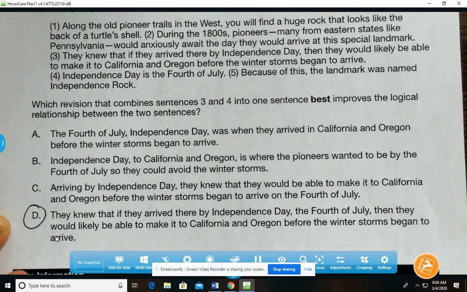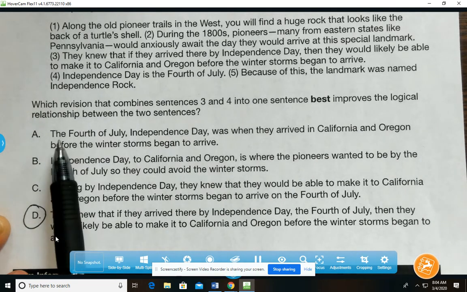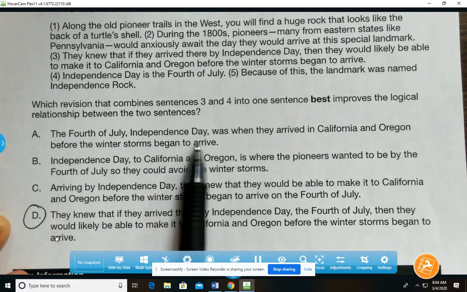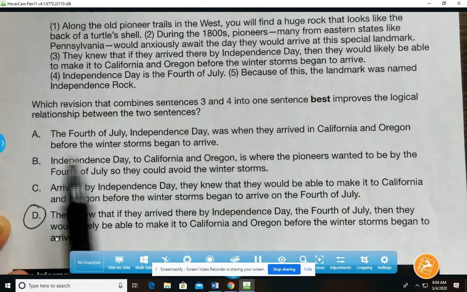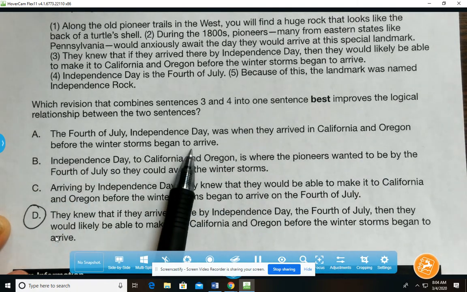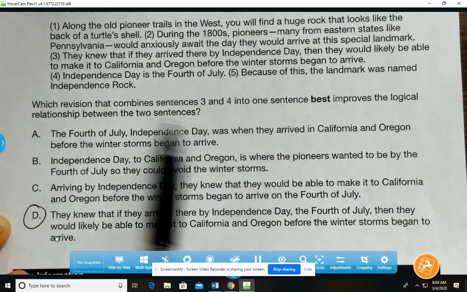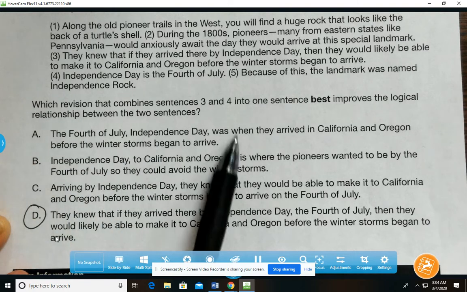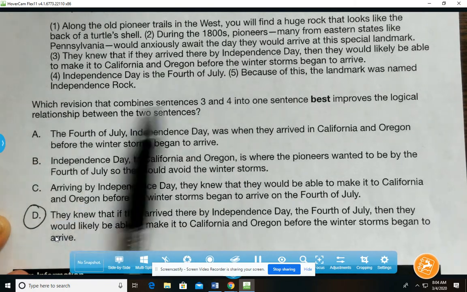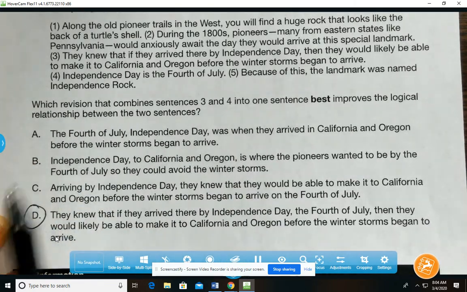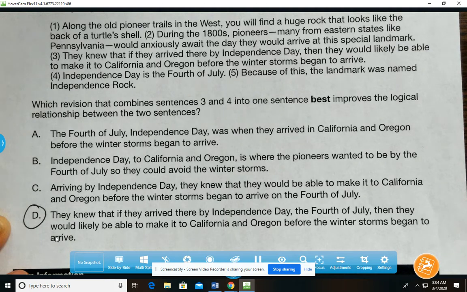They don't confuse the original sentences, which sentence A does. When it says the 4th of July Independence Day is when they arrived in California and Oregon before the winter storms arrived, they're confusing the order. This part right here, the 4th of July Independence Day, should, in the logical order, appear after what they have at the end, because it confuses the meaning for the reader when it's moved to the first position.